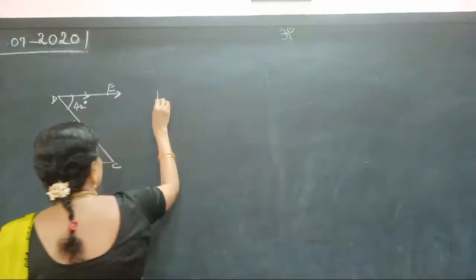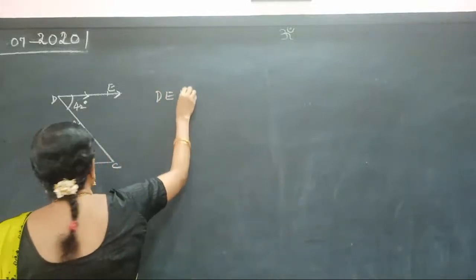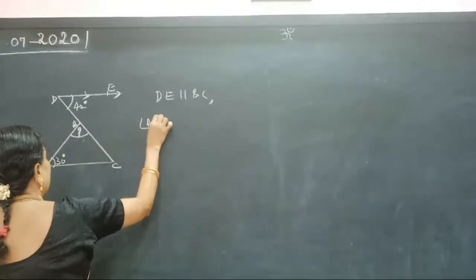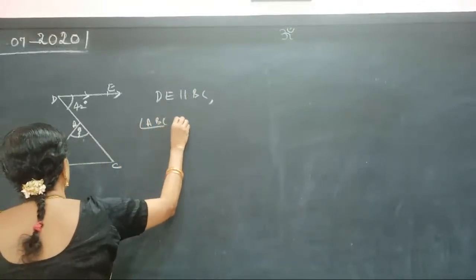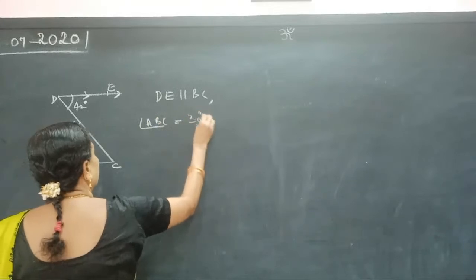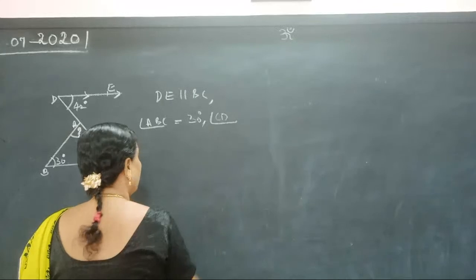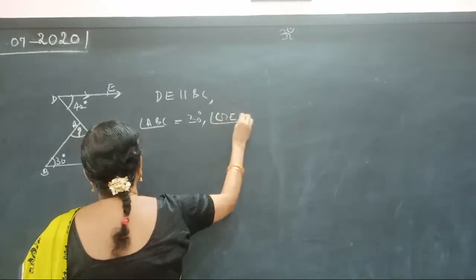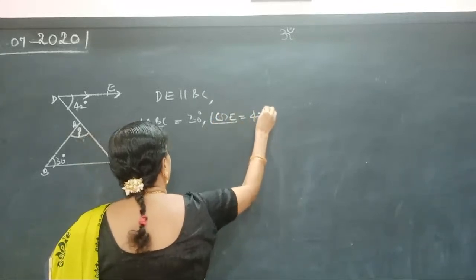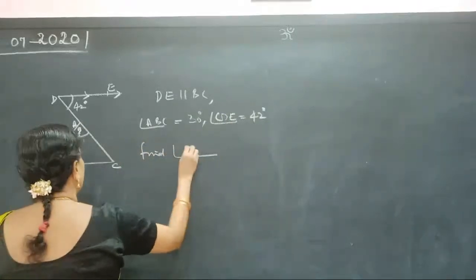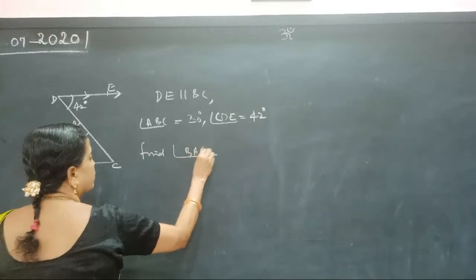In the question it is given DE is parallel to BC, angle ABC equals 30 degrees, angle CDE equals 42 degrees, find angle BAC.